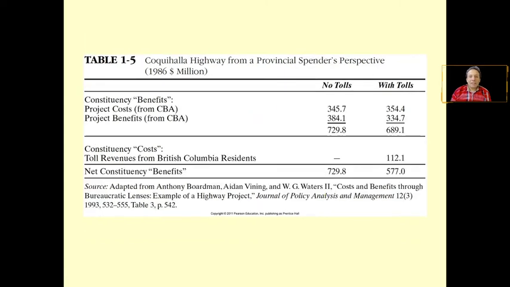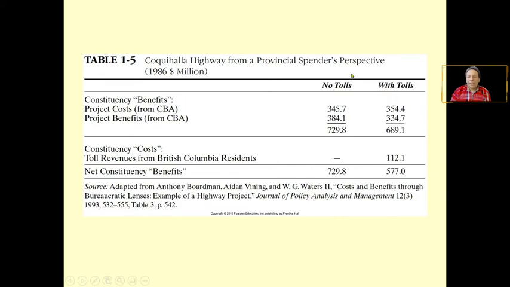We have here the spender's perspective. Again, the spender's perspective is more broad. So they will see as a benefit every resource that any constituent from that province has received. If they have received any money or any other resource, they will see that as a benefit rather than a cost.